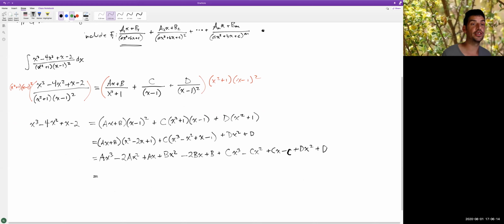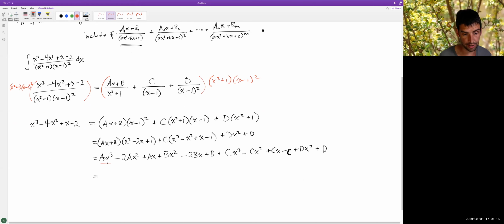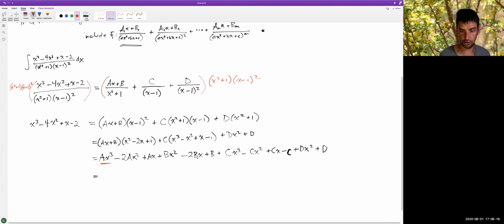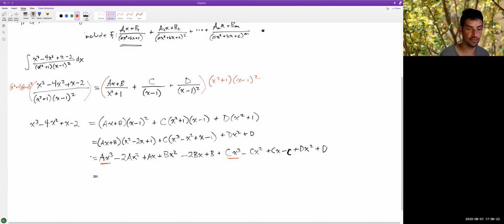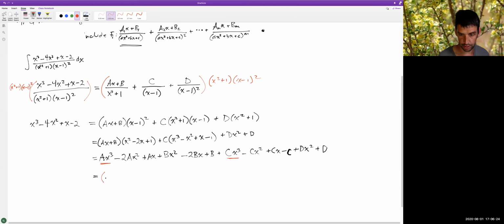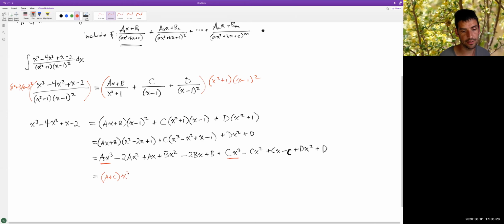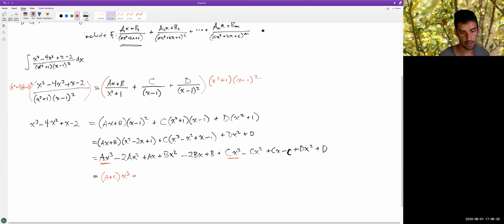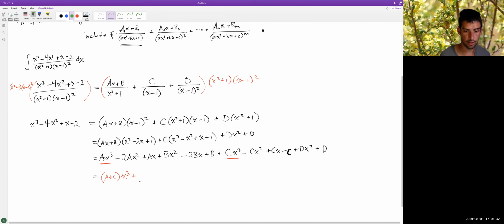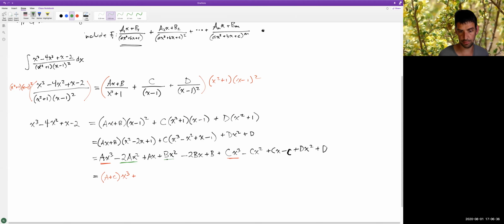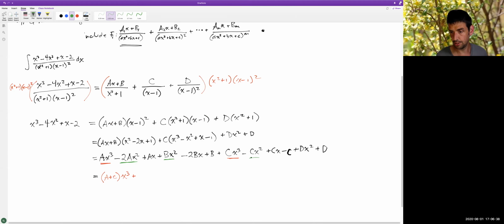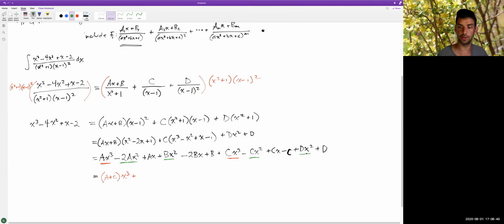So now what I'm going to do is collect like terms. So for instance, x cubed, I'm looking for everything with an x cubed in it, and I see 2 of them. So we'll have a plus c times x cubed. Let's go to x squared. I see this x squared term, this x squared term, this x squared term, this x squared term.